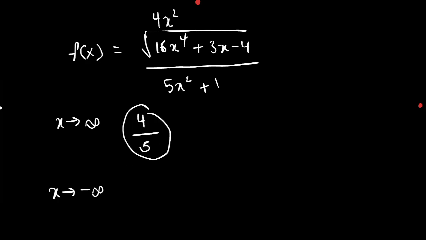So the numerator is positive. And the denominator, right? Negative infinity squared, a negative squared would be positive again. So our denominator is also positive, which means that there is, again, only one horizontal asymptote. It is the same answer. It's going to be 4/5 here. So our horizontal asymptote, as x approaches negative infinity, is also going to be 4/5.